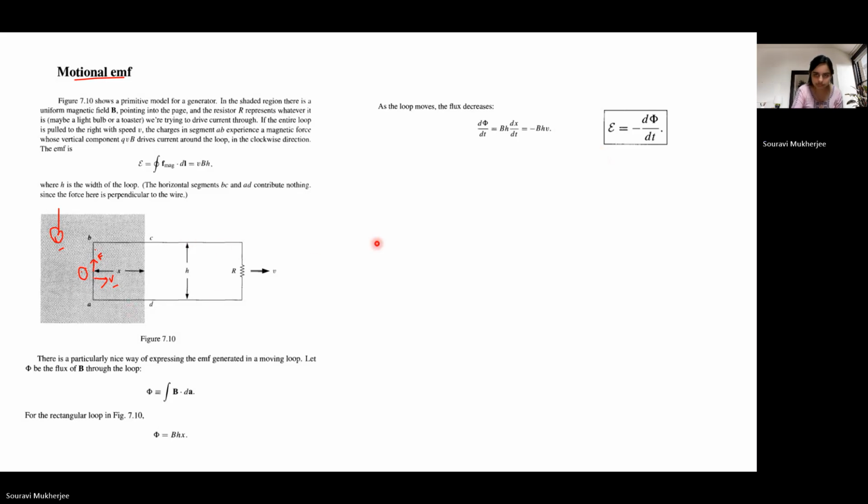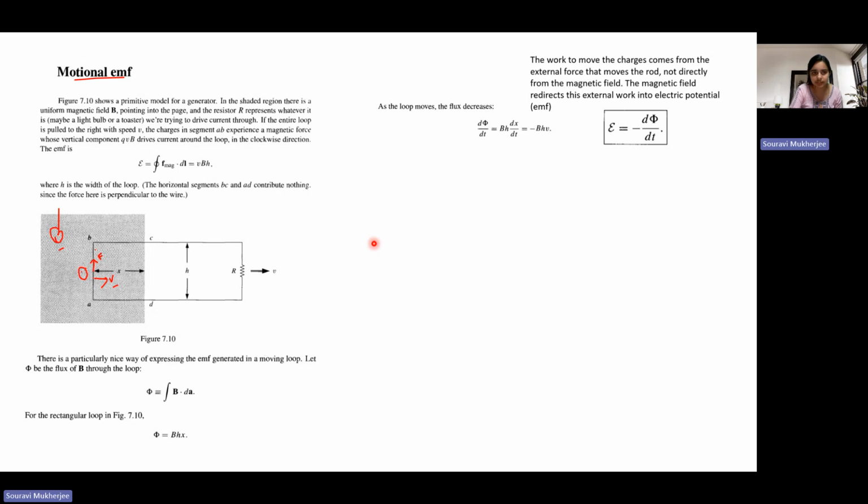Now it's important to note that when you write this expression, you might think that we know magnetic forces do no work. Why? Because magnetic forces are always perpendicular to the direction of the velocity. Here the net velocity is in this direction, so the magnetic force is perpendicular to it. So why are we trying to find the work done by the magnetic force? Basically, this work is not done by the magnetic force.